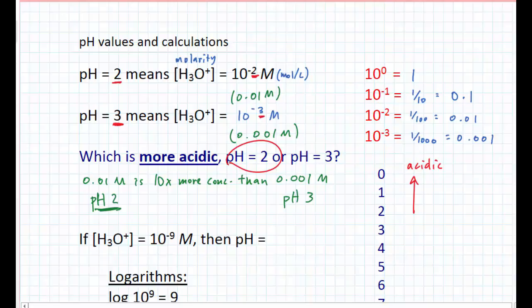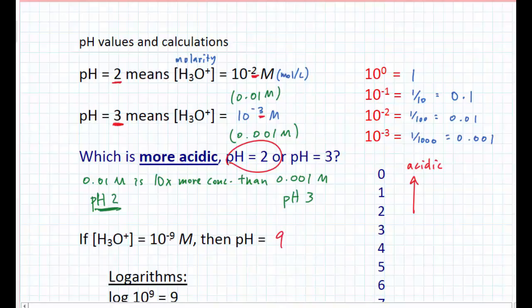What if our concentration was 10 to the negative 9? Is that more concentrated or less concentrated? Really basic. Yeah, well, it's going to be more on the basic side because that's 0.000000001. It's 8 zeros with a 1. So that's pH of what? 9.